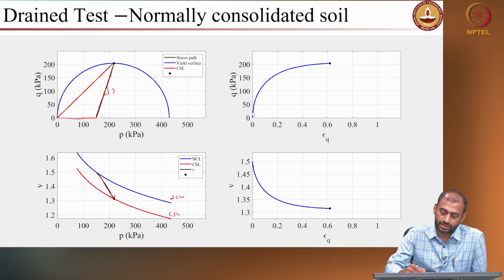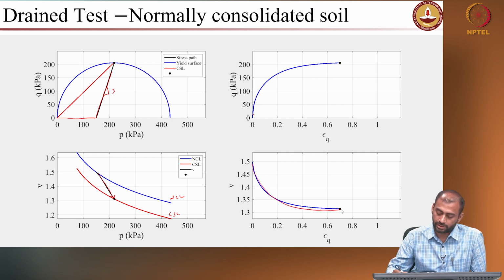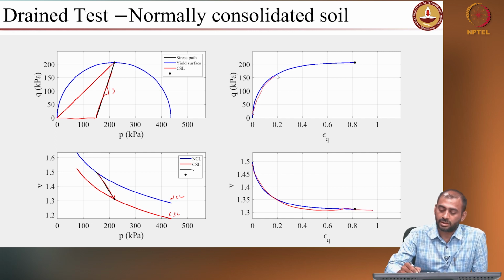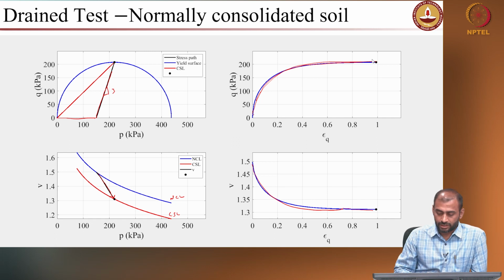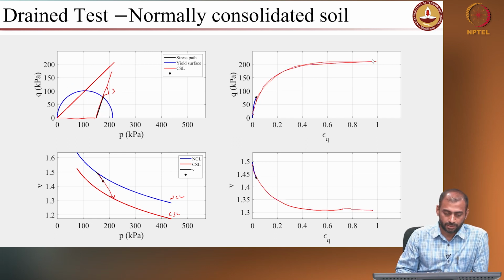So, you can see a nice contractile response. The specific volume reduces and reaches a constant value, and the stresses are hyperbolic in shape and reach a constant value. Right. So, this is about drained response under normally consolidated soil.